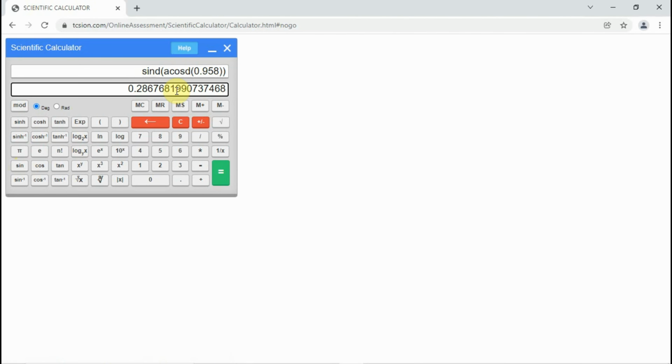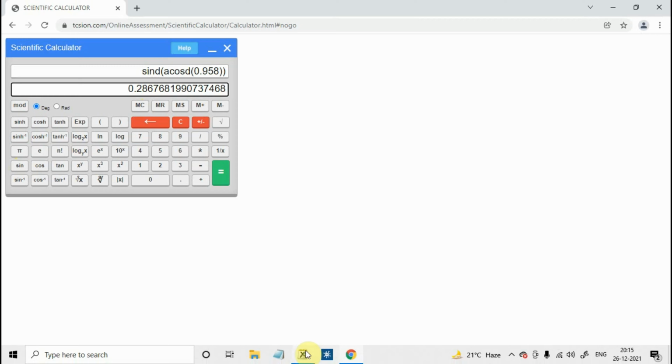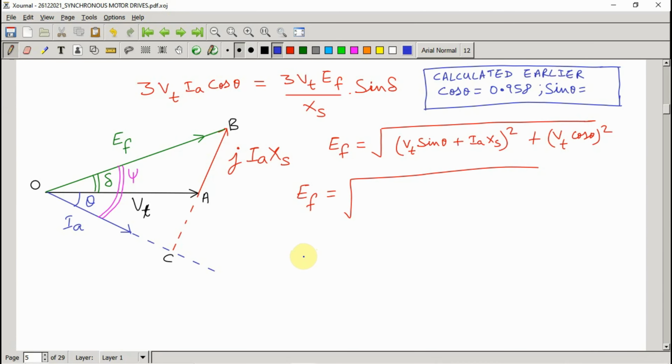It is 0.286, and you can approximate it to 0.287. This is your sine theta.